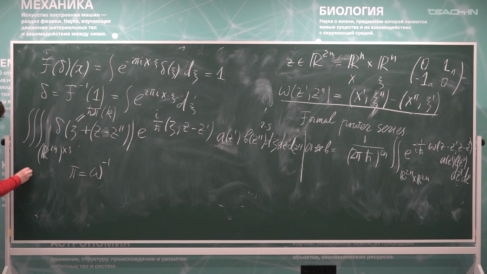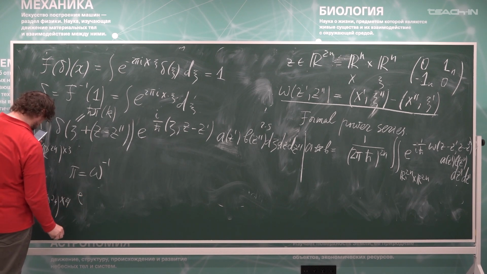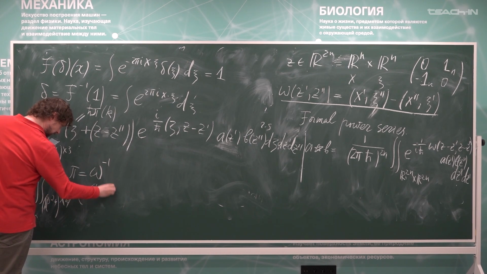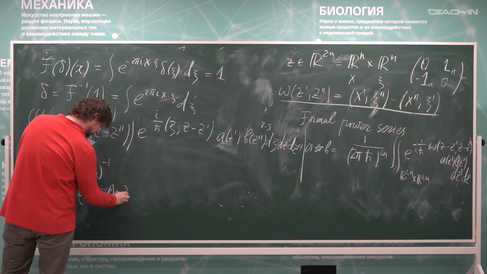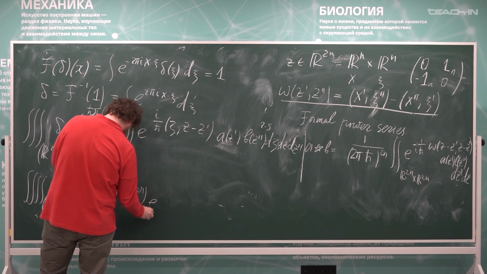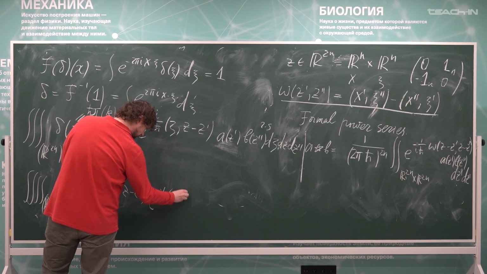This will give us the integral over R to the power 4n of e to the power I h bar pi of k plus z minus z double prime, e to the power I k z minus z prime.